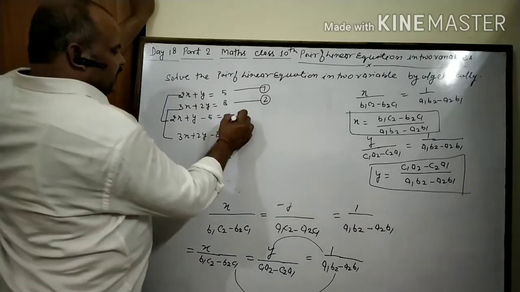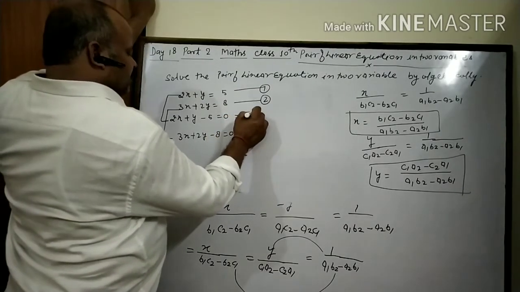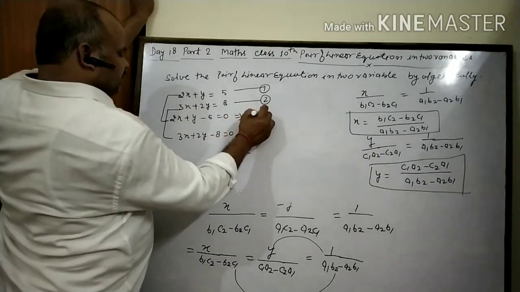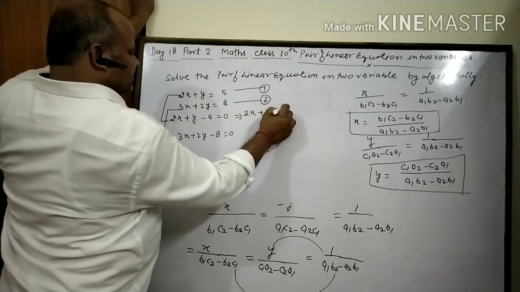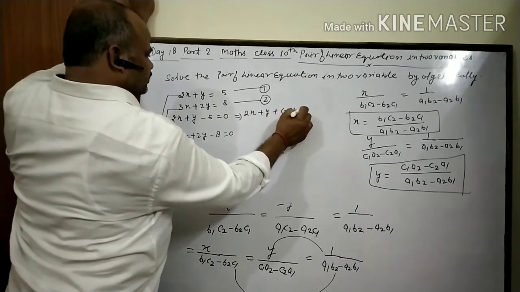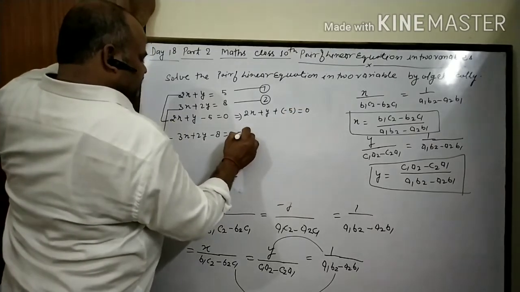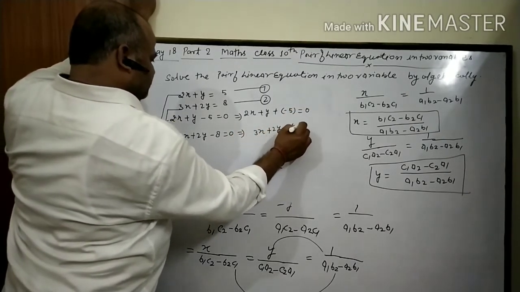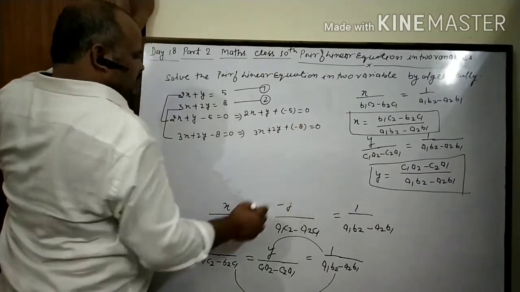Now you compare, right, in the standard form: 2x plus y plus minus 5 is equal to 0, and 3x plus 2y plus minus 8 is equal to 0.